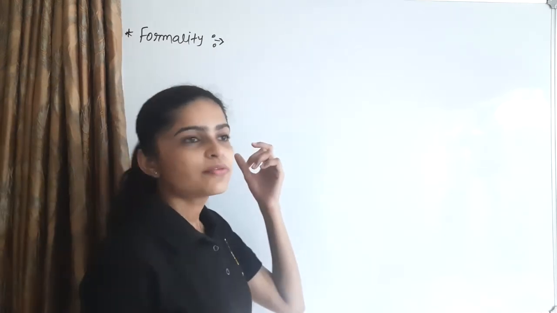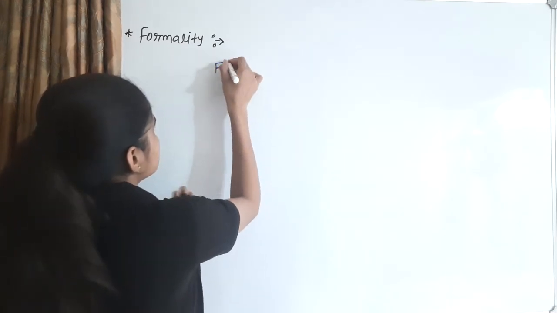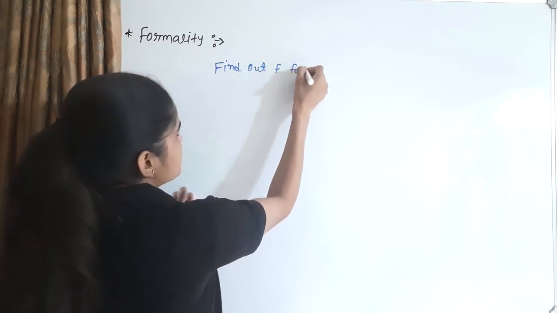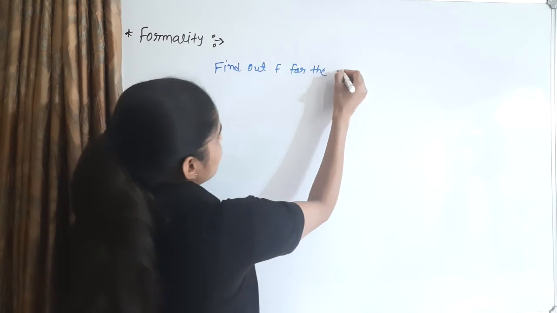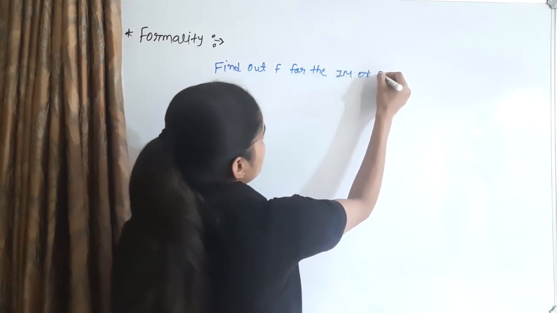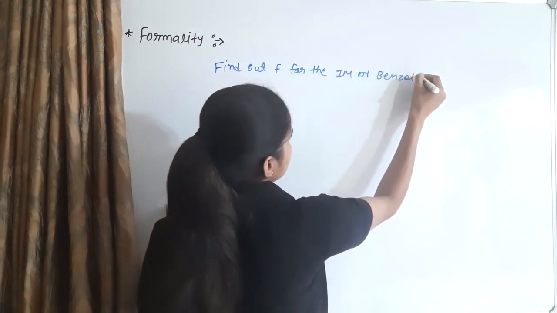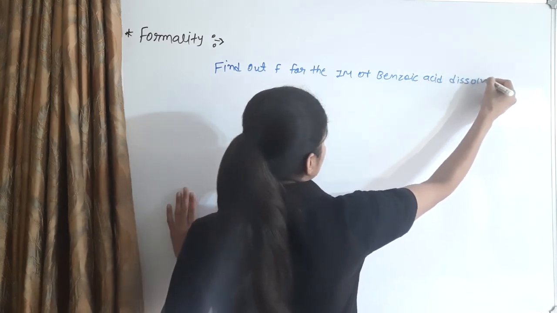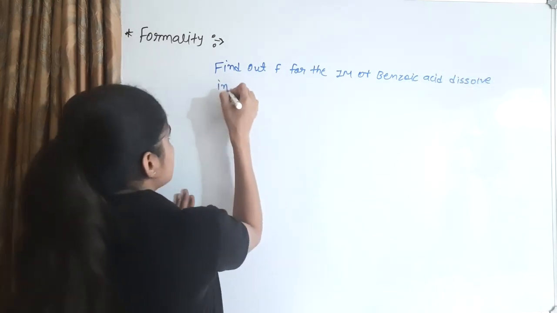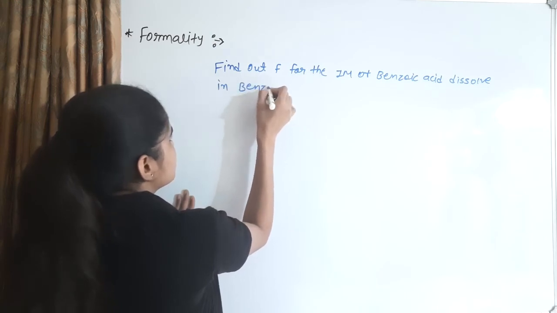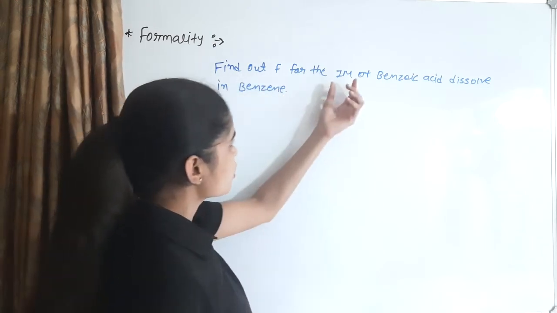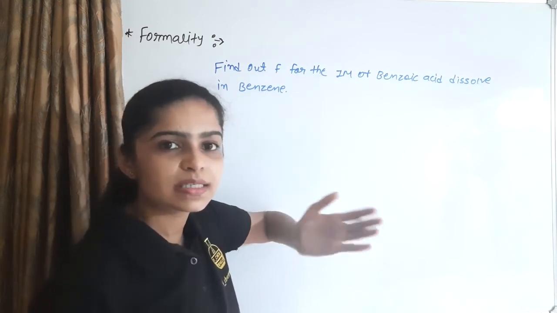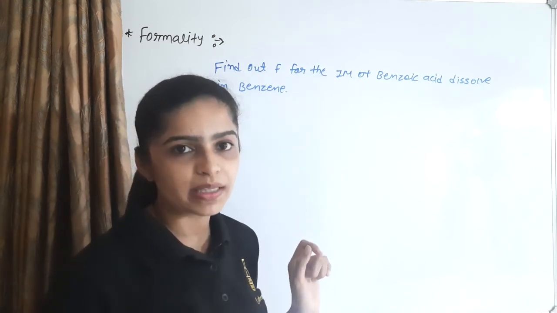Next example: find the formality for 1 molar of benzoic acid dissolved in benzene. 1 molar of benzoic acid means 1 mole of benzoic acid dissolved in 1 liter of benzene.